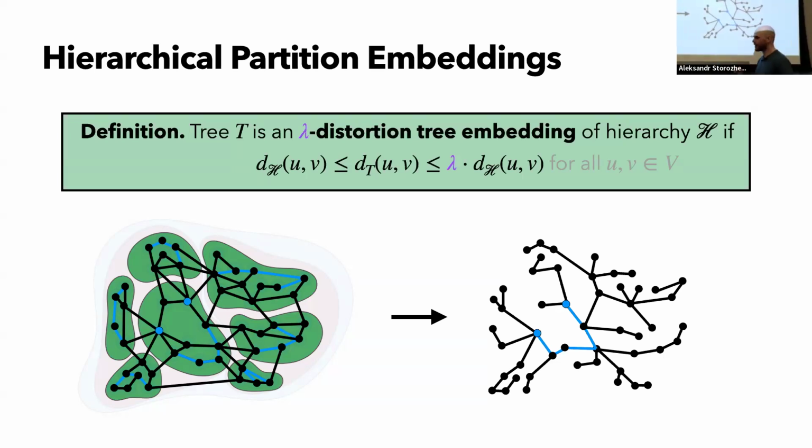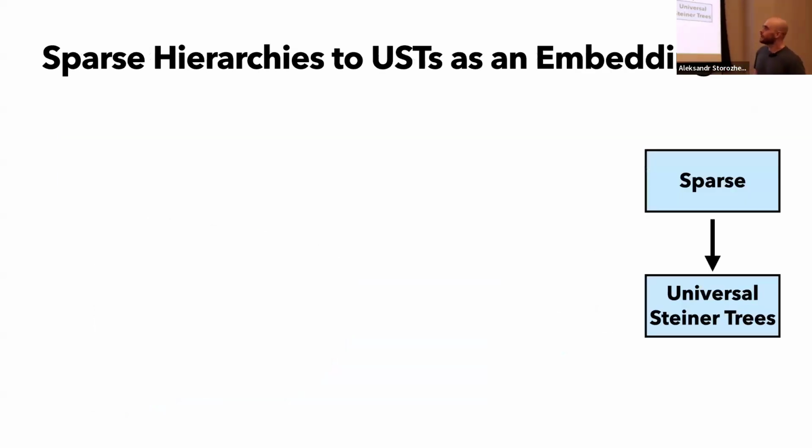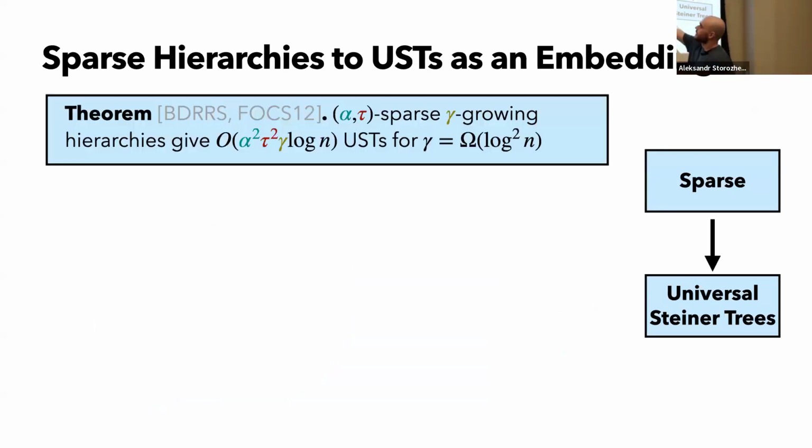Okay, so far I've just pulled out of a hat some sense of the distances of a hierarchy and told you that you could hope for a tree that preserves those distances. What does this have to do with universal Steiner trees and tree embeddings and all of that? Well, you can interpret this previous result as saying that if you give me a sparse gamma growing hierarchy, then I can give you back a universal Steiner tree. It's really just an embedding result. This is very much not the language of the original paper, but if you stare at it long enough, what you'll realize is that this theorem is really composed of two parts.